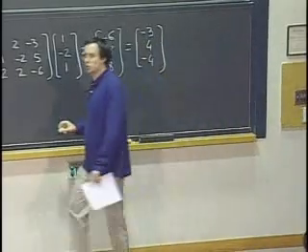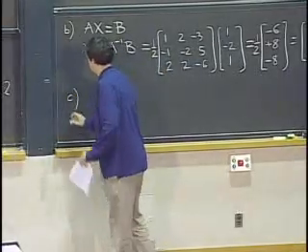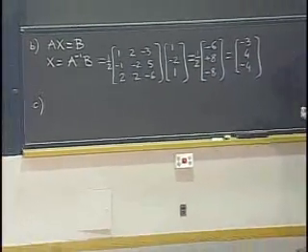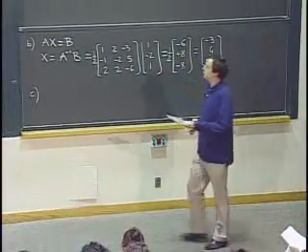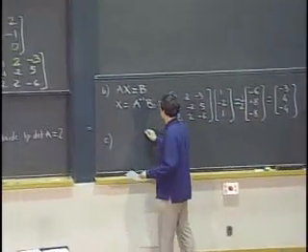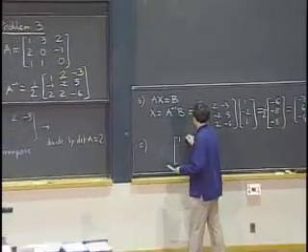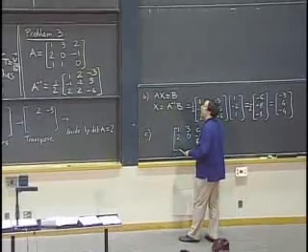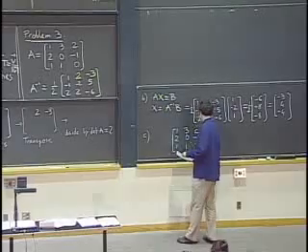OK. So now we come to part C, which is the harder part of this problem. So it says, let's take this matrix A, and let's replace the 2 in the upper right corner by some other number C. So that means we'll look at 1, 3, C, 2, 0, minus 1, 1, 1, 0.